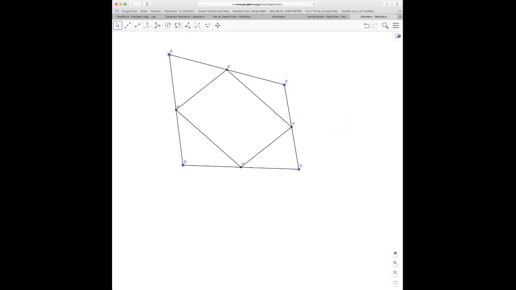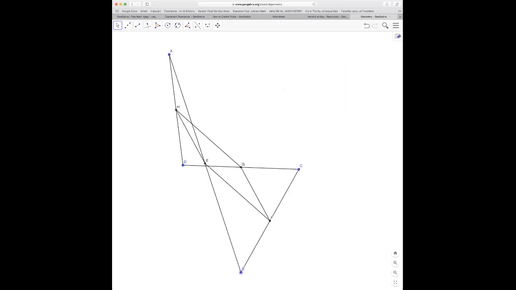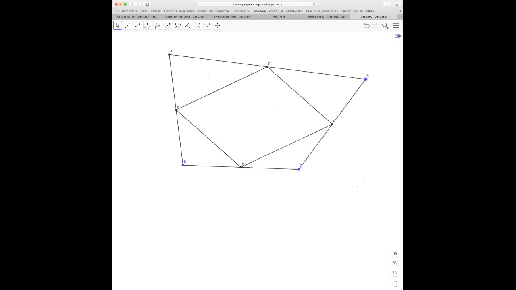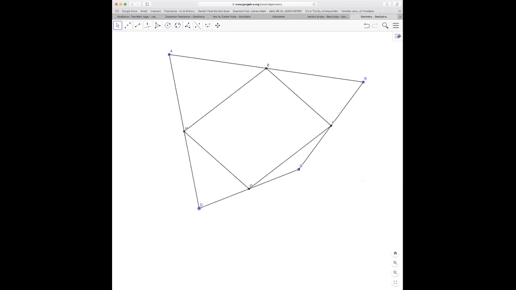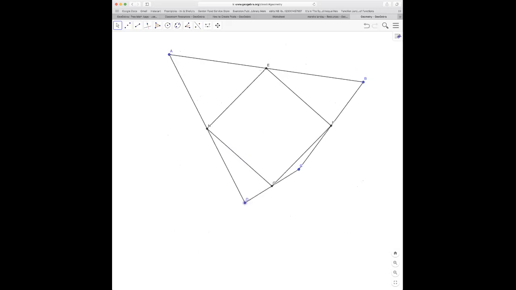And I can do that using any of the vertices. Okay, and just to be sure, if I try to move it using one of the midpoints, nothing much happens.